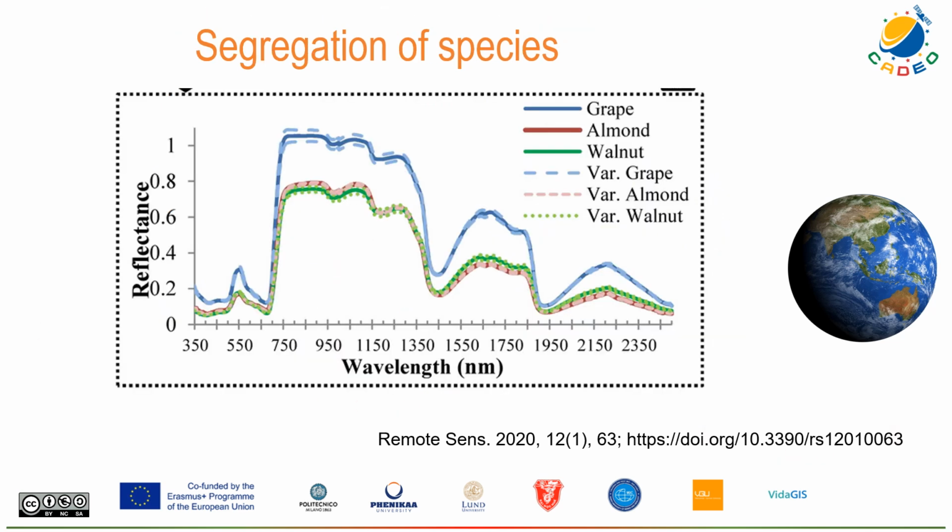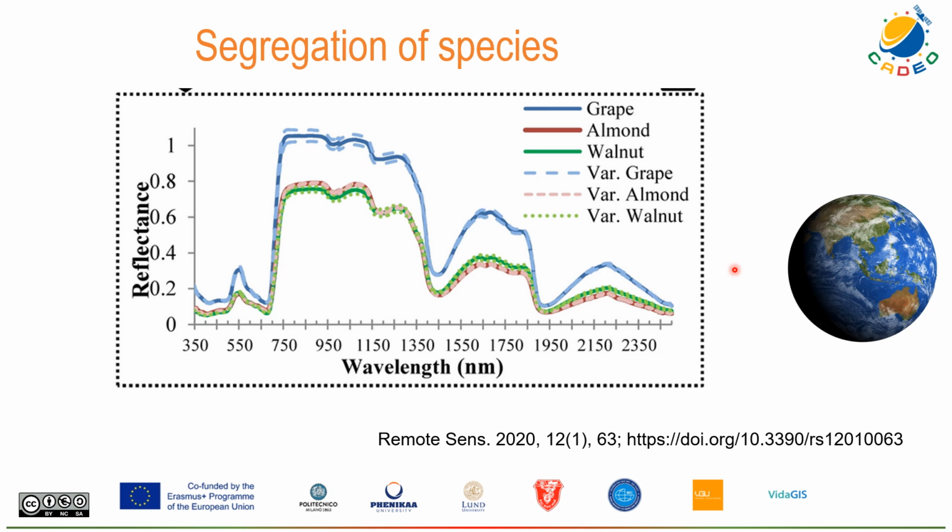By looking at the spectral curve for vegetation, we can see that it's different between different species. So we can actually separate different species by looking at the difference in the spectral signature of vegetation. We see here, for instance, grape, almond, and walnut, and how they differ in the spectral signature for vegetation.